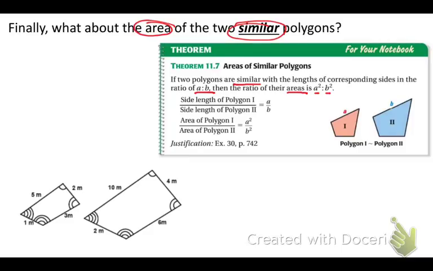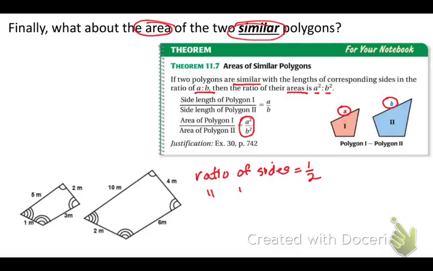So here they give the little example in the box where the side length of polygon 1 is A, and that's proportional to the side length of polygon 2, which is B. And so the area of polygon 1 to the area of polygon 2 is going to be equal to A squared over B squared. So here's our two polygons again, same ones as the last two pages. And we know the ratio of the sides equals 1/2.